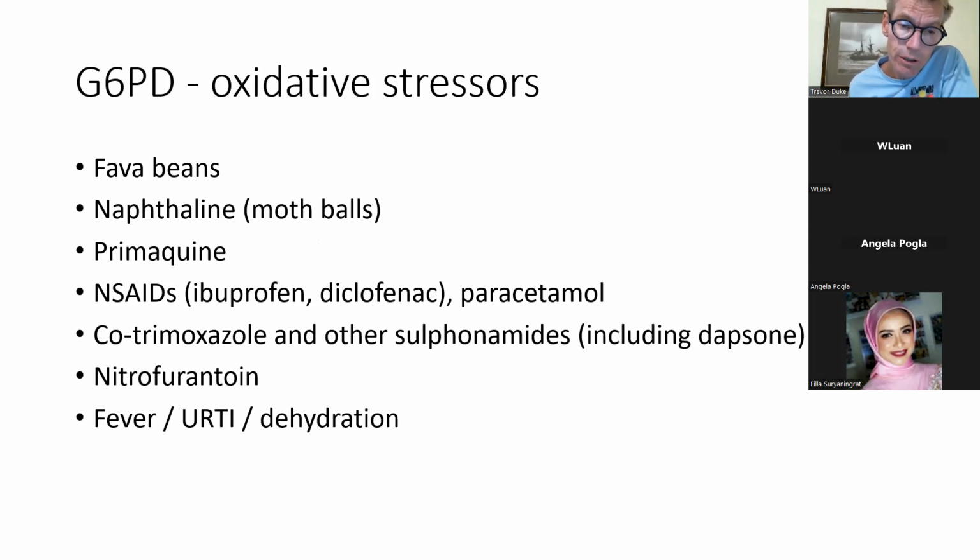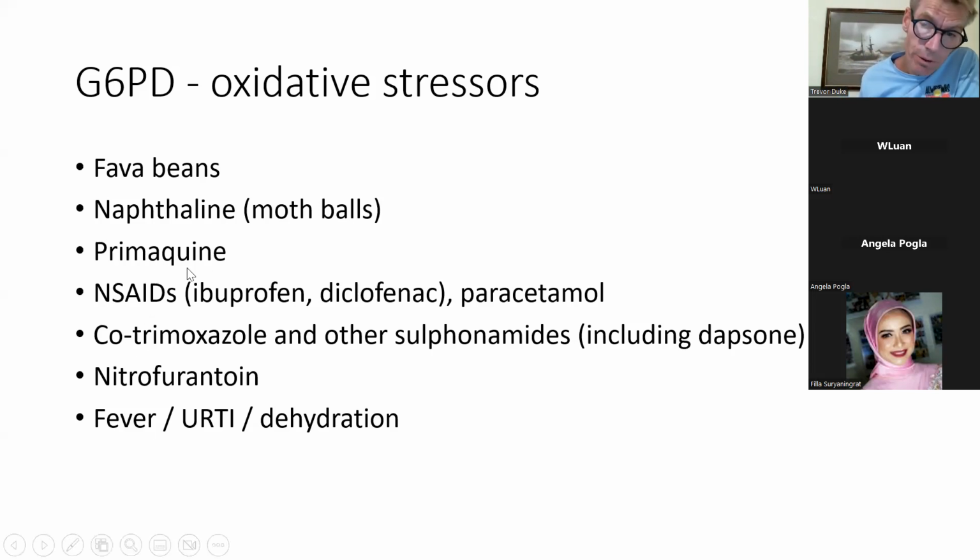It also can occur because of the ingestion, if small children eat mothballs. In the past it was relatively common to put naphthalene in the cupboard or the closet to try to reduce the risk of moths and other insects eating clothes, and that caused G6PD hemolysis.